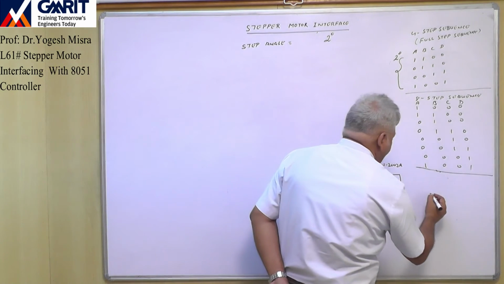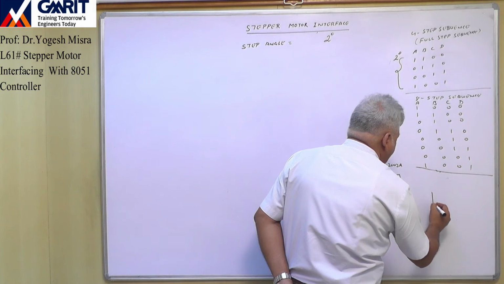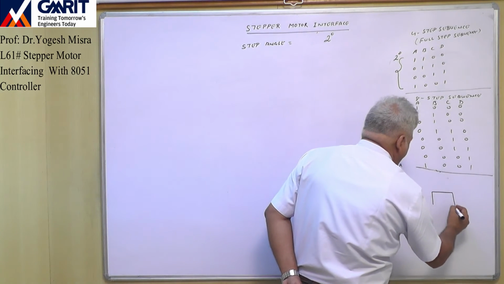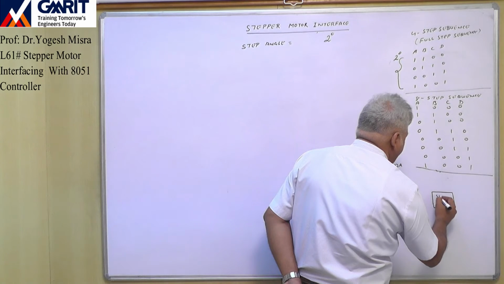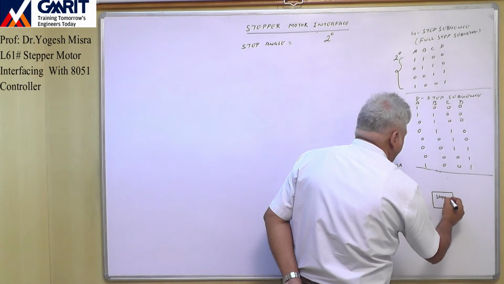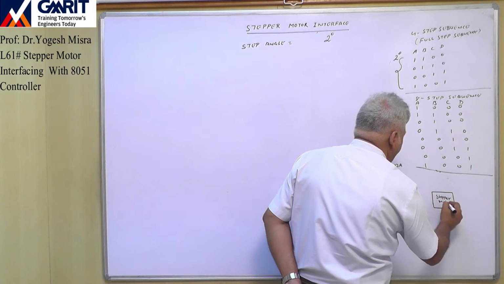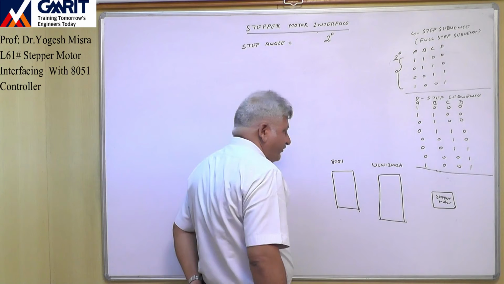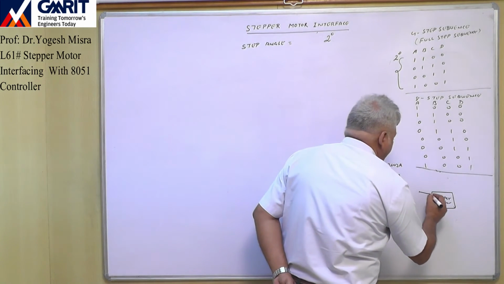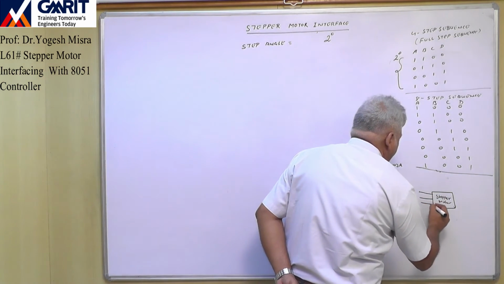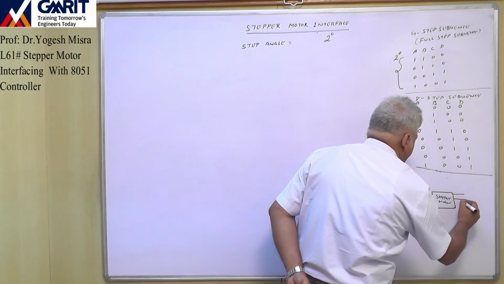And here we have a stepper motor, with wires 1, 2, 3, 4, 5, 6.